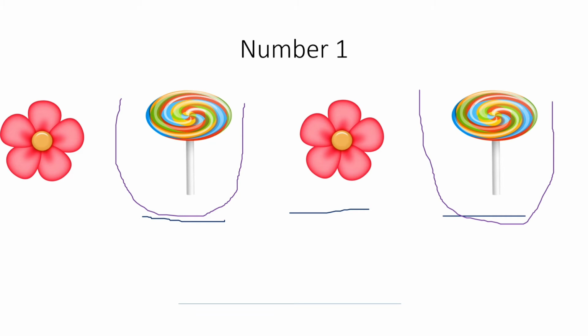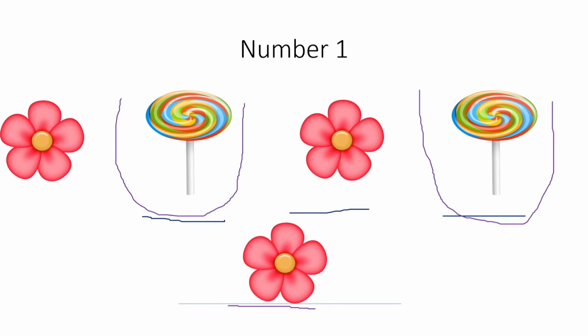So if we have flower, what's after our flower? Lollipop. What's after our lollipop? Flower. What's after our flower? Lollipop. So if our last object is a lollipop, what do you think will come after the lollipop to fill this space at the bottom here? After our lollipop is a flower.